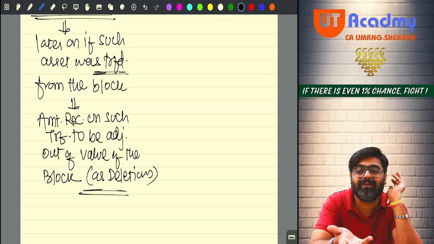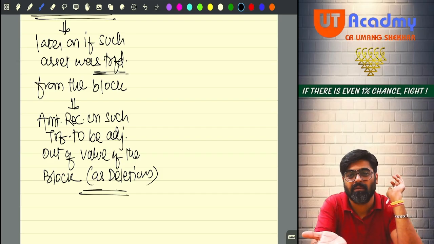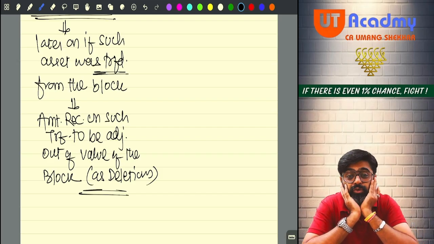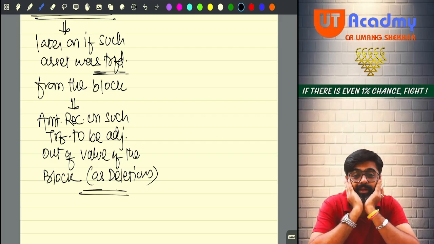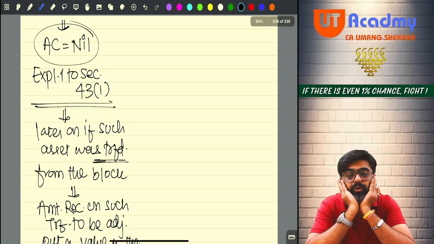Whatever I have spoken, they will frame a case study on that only. Now what will be the actual cost which Rajesh should take for this asset to be added in the block in 24-25? As per explanation 1 to section 43.1, the actual cost of this asset shall be taken as nil. Getting my point?